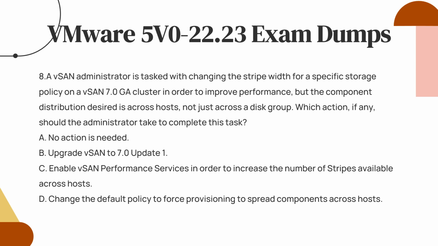A. No action is needed. B. Upgrade vSAN to 7.0 Update 1. C. Enable vSAN performance services in order to increase the number of stripes available across hosts. D. Change the default policy to force provisioning to spread components across hosts.